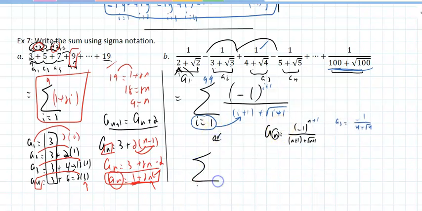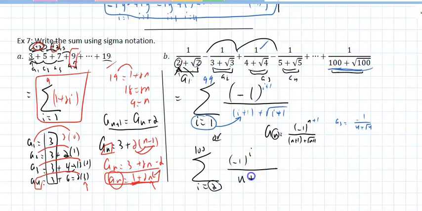Why not say this is the sum I equal 2 to 100 of negative 1 to the I over, and instead of I, so this is kind of what you're saying. You're saying, you know what, look, that's a 2, that's a 3, that's a 4, that's a 5, that's 100. Just, where do you put 2 in?